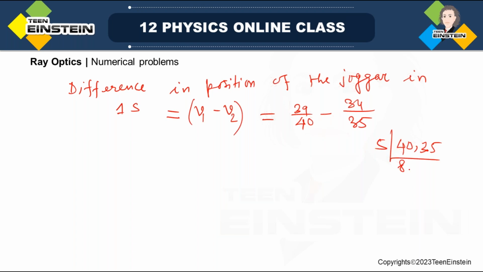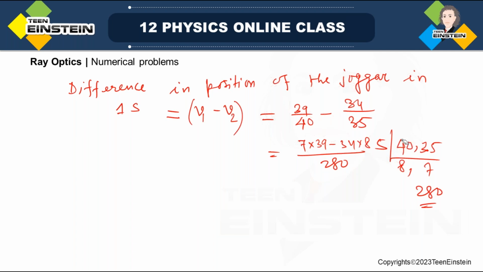Okay, if we do the LCM, you know what it will be. It is like this, so this will be 280. So 7 into 39, and 34 into 8.